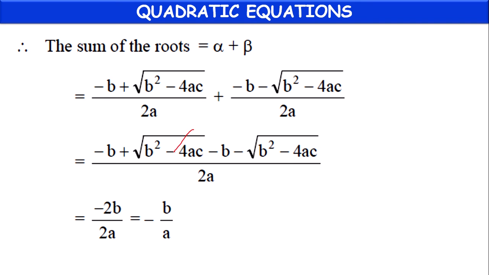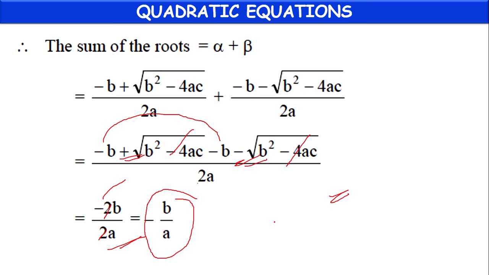Here b square minus 4ac, same value, but one is positive, one is negative. We can cancel them. Then minus b will become minus 2b by 2a. Again 2 gets cancelled. We will be having minus b by a as the result.